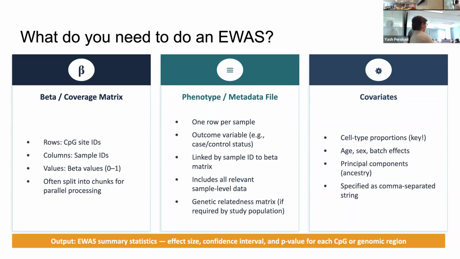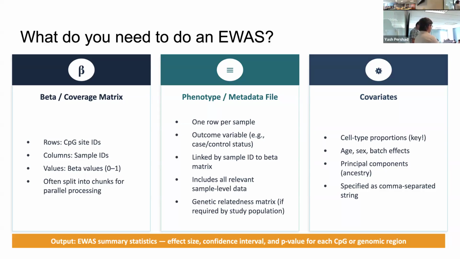It's like a probe ID. So there will not be any CG IDs on the data output from the sequencing, because you just have a position that is a cytosine that has a fraction methylation. So you can map between enzymatic methylation and EPIC array easily, and you can convert that to a probe ID if you really want to, but how we leave it is mostly in terms of chromosome and position.